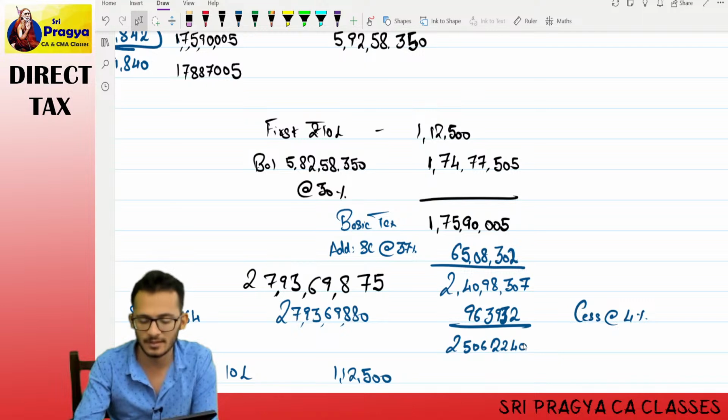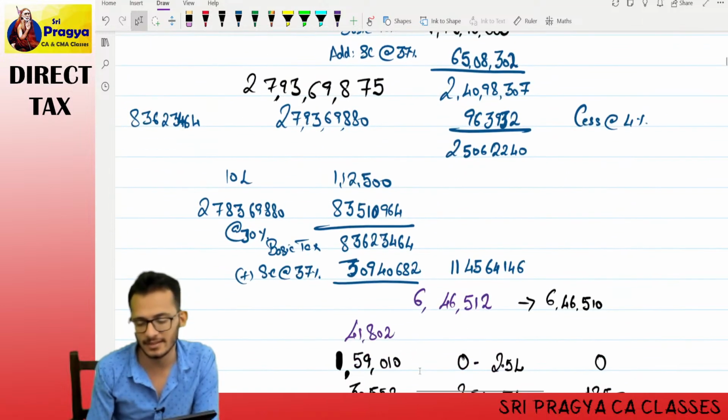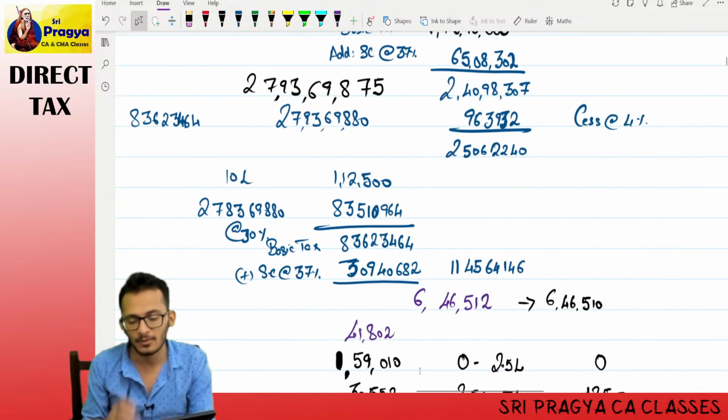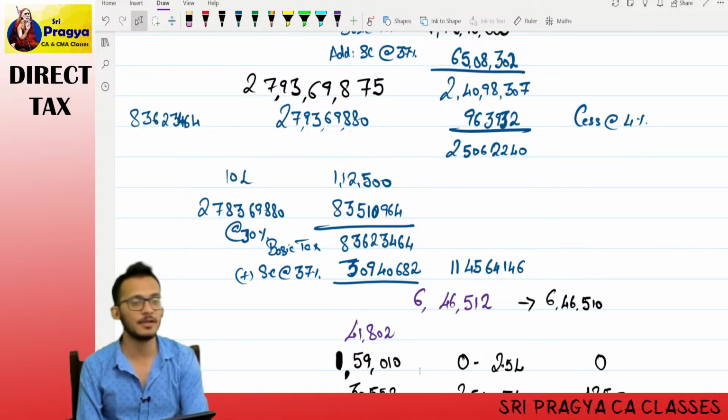Next number is 27 crores 93 lakh 69,880. Your number was 11 crore 45 lakh 64,146.